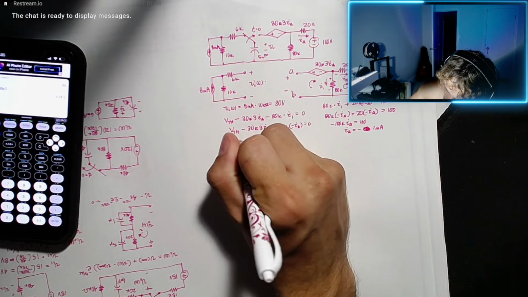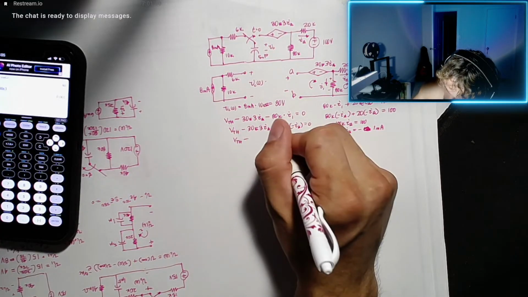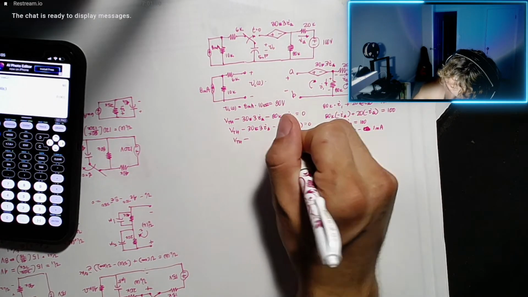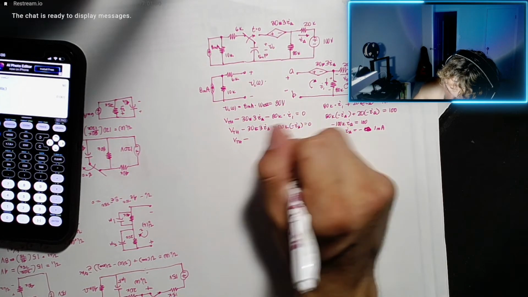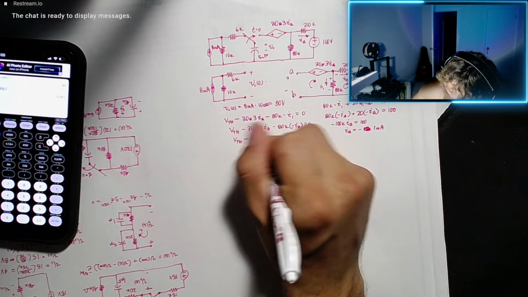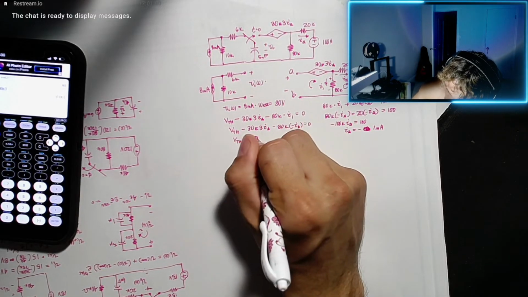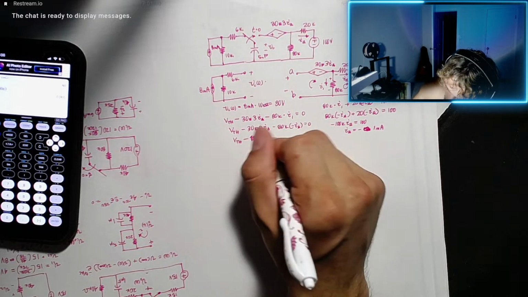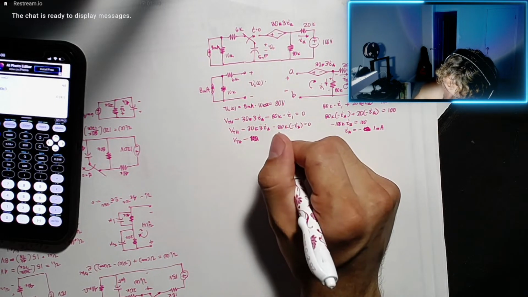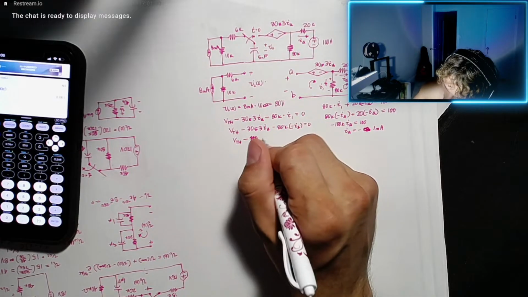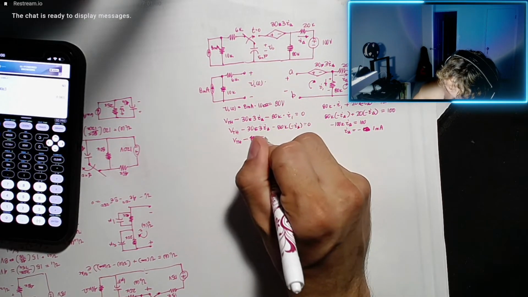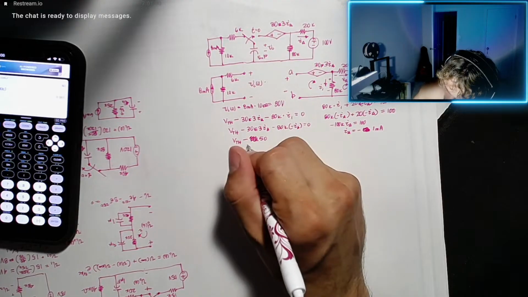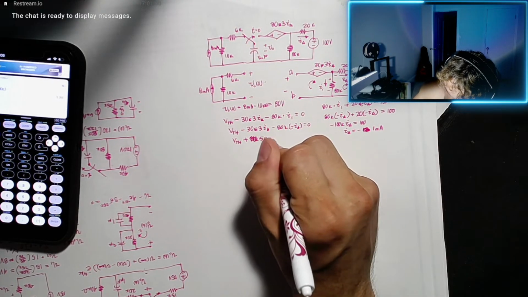So V Thevenin minus 30k minus 80k. Wait, 30k. Yeah, that's 30,000. Wait, 30 plus 80, plus 50. Okay.